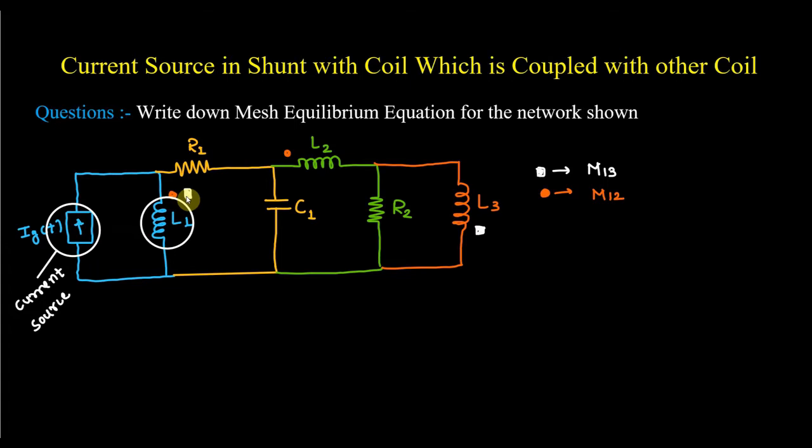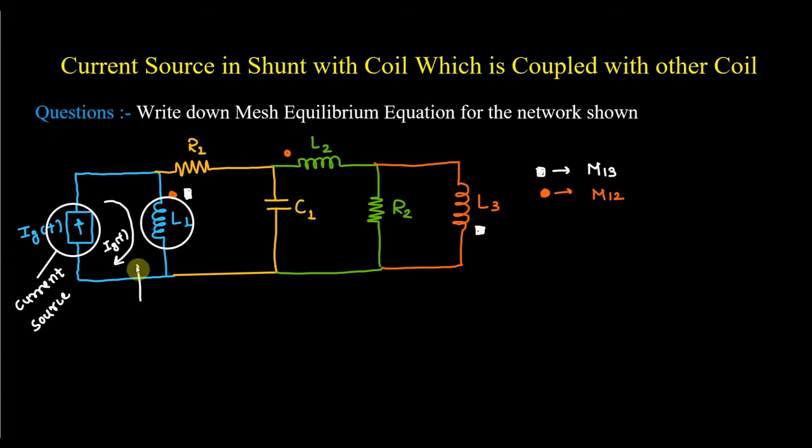So what we will do here is consider this as a mesh. This will be your first mesh, this the second, this the third, and this the fourth. But we know the current of this mesh. What is the current of this mesh? It is simply Ig(t). Since we know the current in this mesh, there is no need to apply KVL here.